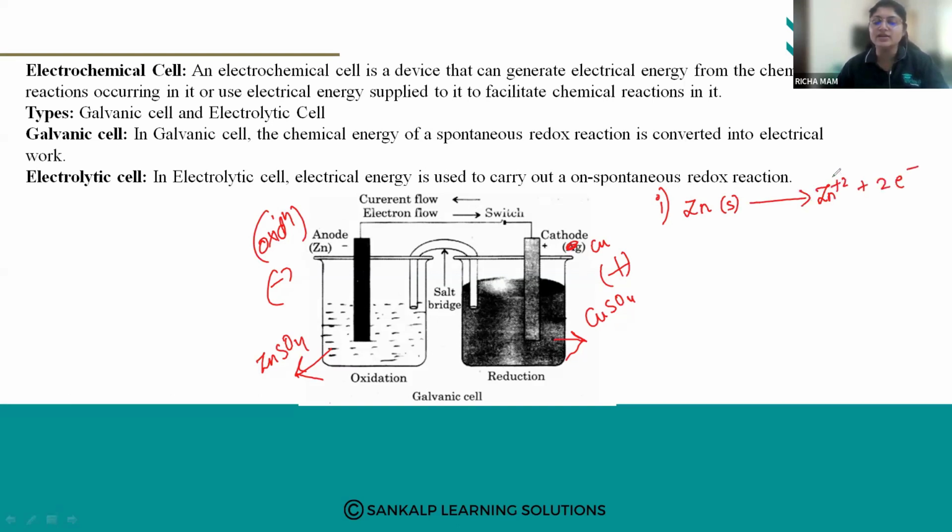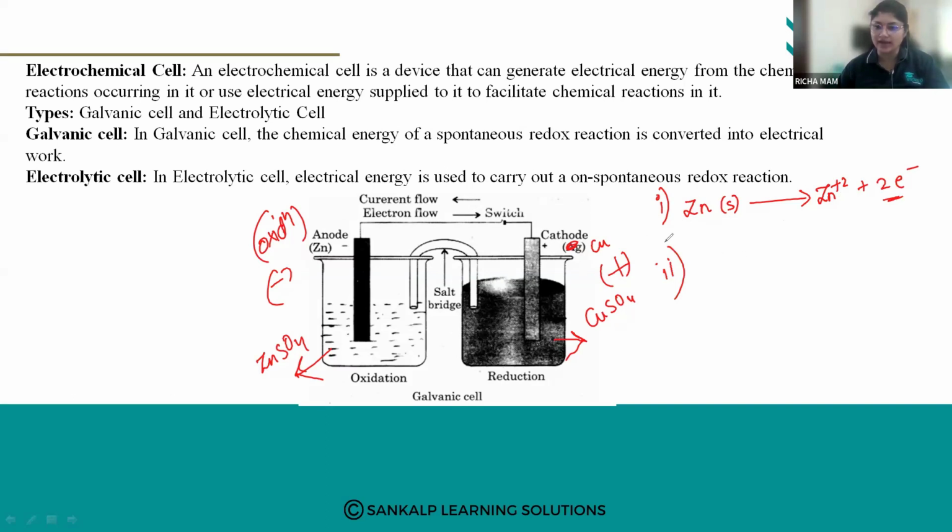Zinc easily undergoes oxidation to form Zn2+ ions, which move into the solution, releasing 2 electrons. Oxidation is occurring at this electrode, so it is the anode.